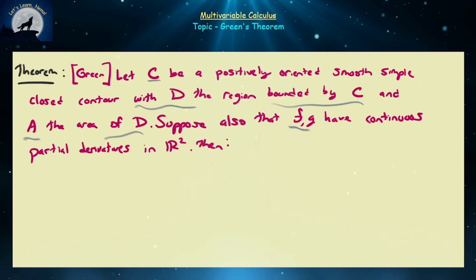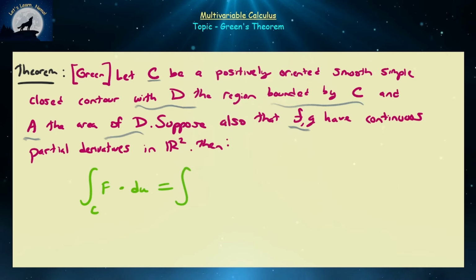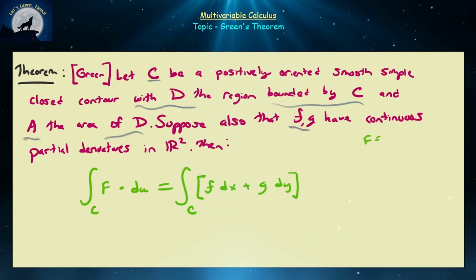Let's call it F. Then the line integral over C of F du, where u is a parametrization of C, and keep in mind, this is also sometimes written as the integral over C of F dx plus G dy, and here I'm assuming that F is equal to little f, little g.